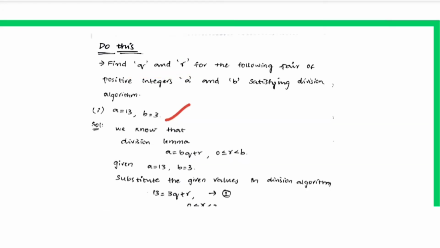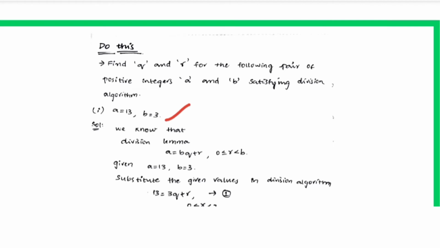Now in the third step, how can we find these q and r values using the given data? Using what algorithm or technique can you solve this? The third step is that you need to use division algorithm to find the values of q and r.